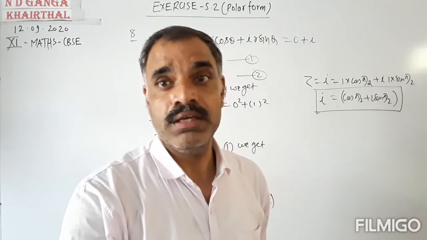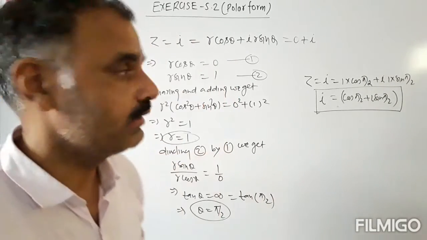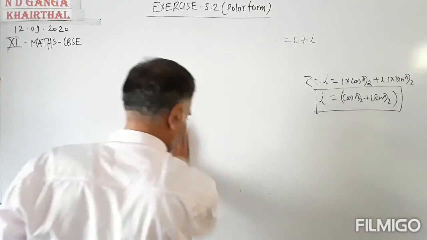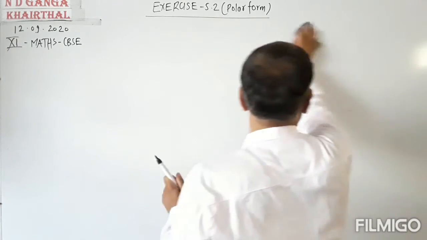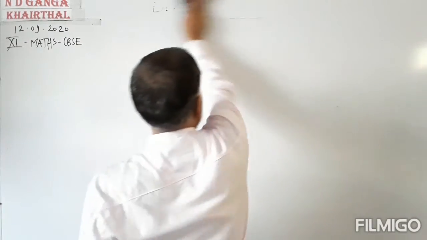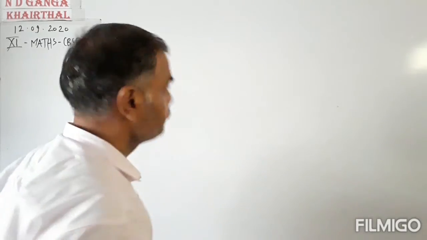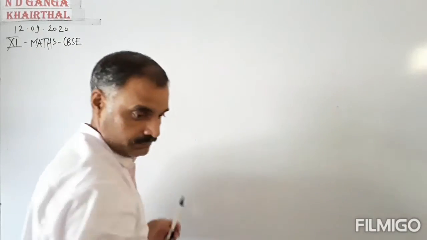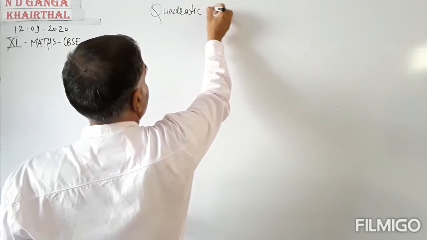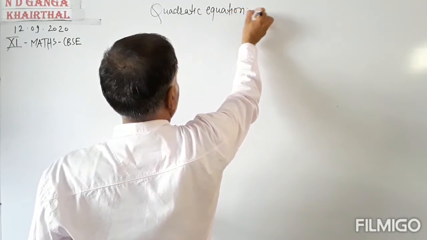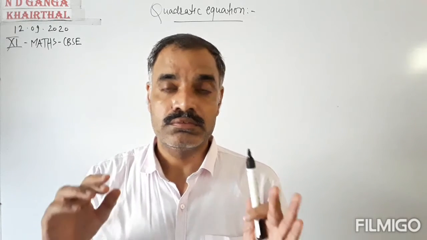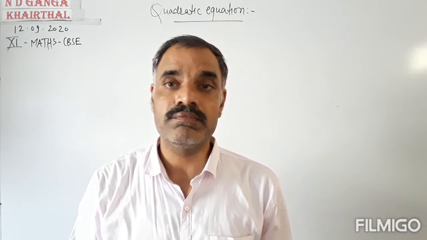We have learned in class 10th that the discriminant D equals b square minus 4ac.